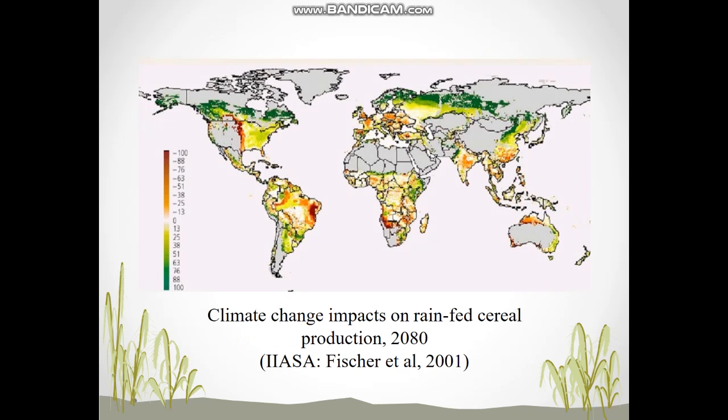According to the map, some areas will have a 100% decrease in cereal production. They are mostly in low latitudes, closer to the equator. On the other hand, some areas in higher latitudes like Russia and Alaska will have increasing crop yields.